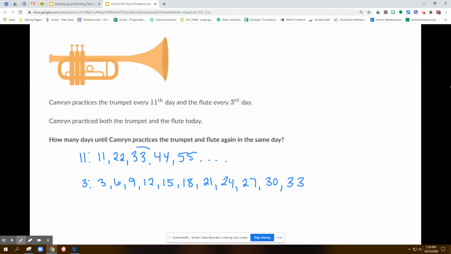The least common multiple they have in common would be 33. So Cameron will practice the trumpet and the flute again on the same day on the 33rd day.